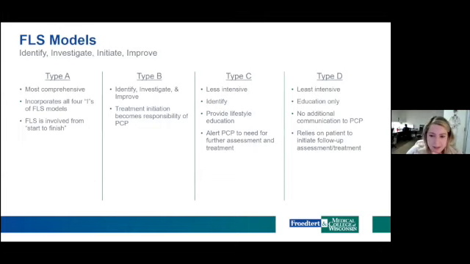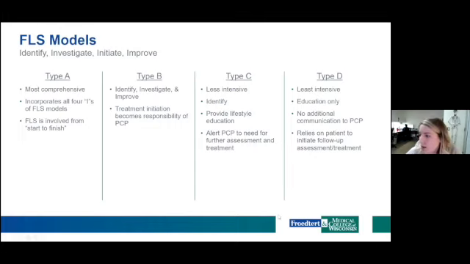Type C models are less intensive. The purpose of the FLS is to identify the patients, provide lifestyle education, and then their role is to really alert the PCP to the need for further assessment and treatment. But really after that, they're not doing anything in terms of monitoring of adherence.